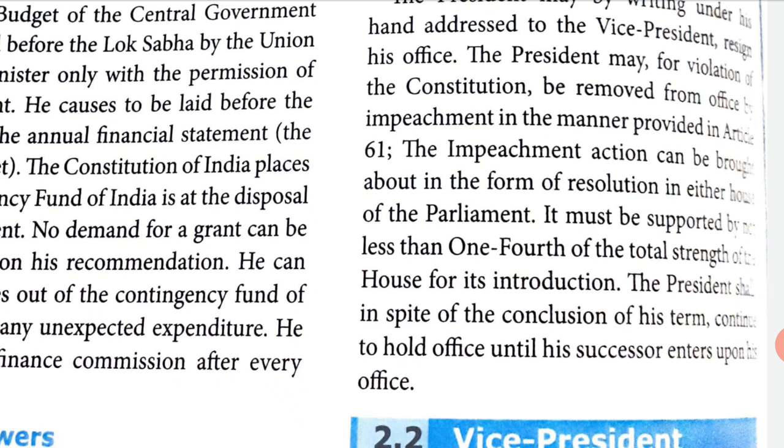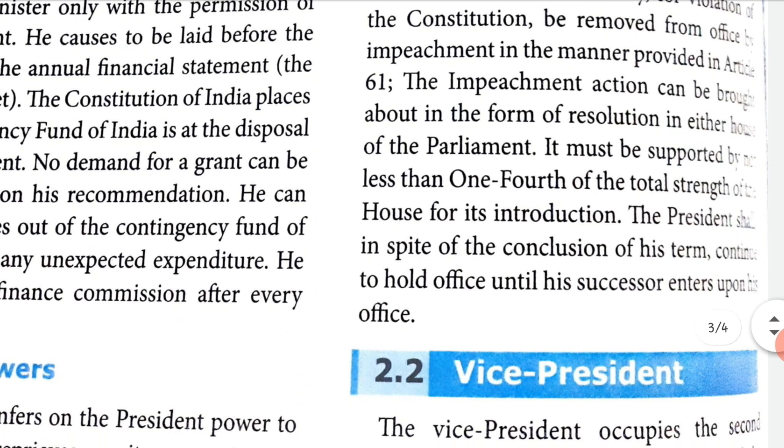The President shall, in spite of the conclusion of his term, continue to hold office until his successor enters upon his office. Say, for example, if it takes time for the next President to come, he can still continue until the other President is elected.